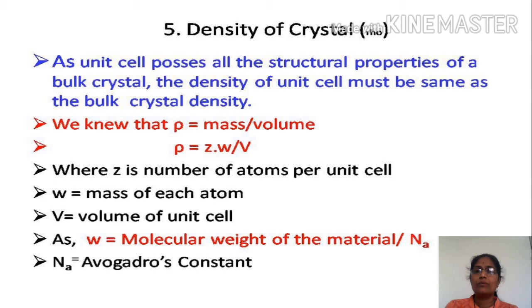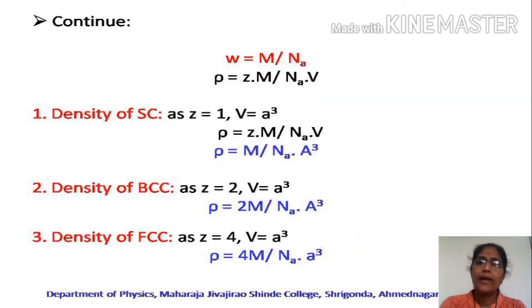Here we have represented Avogadro's constant as N suffix A. By substituting all these values, we will get W is equal to M upon Na, that is Avogadro's constant, and rho formula becomes number of atoms per unit cell into molecular weight of the substance divided by Avogadro's constant into volume of unit cell.